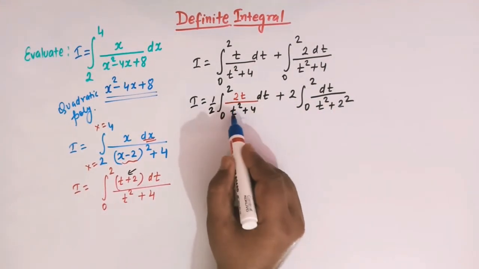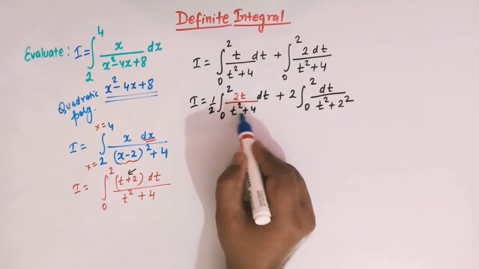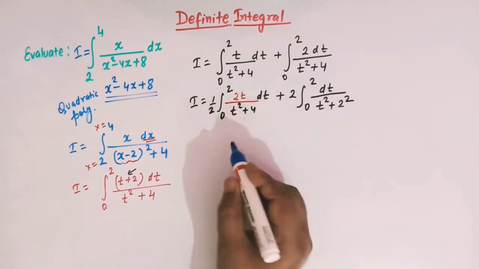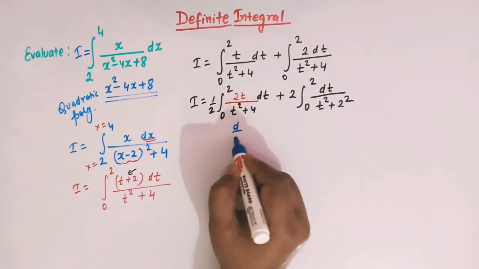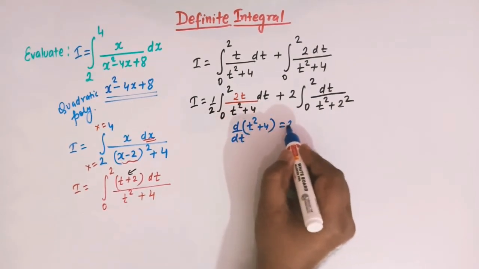Now we see that in this integral, the derivative of t square plus 4 is present in the numerator, because the derivative of t square plus 4 is equal to 2t.